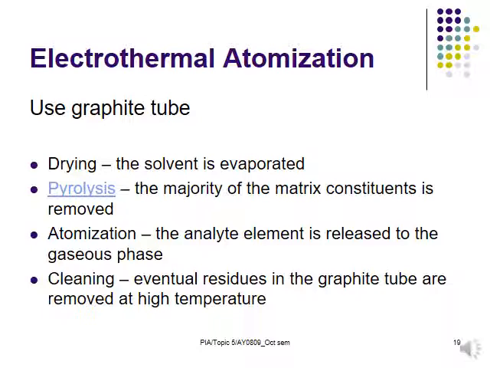Next is atomization, where your analyte element is released to the gas phase, and after that, cleaning, where some residuals will be removed at high temperature. By the time we want to clean the graphite tube, we use a very high temperature.